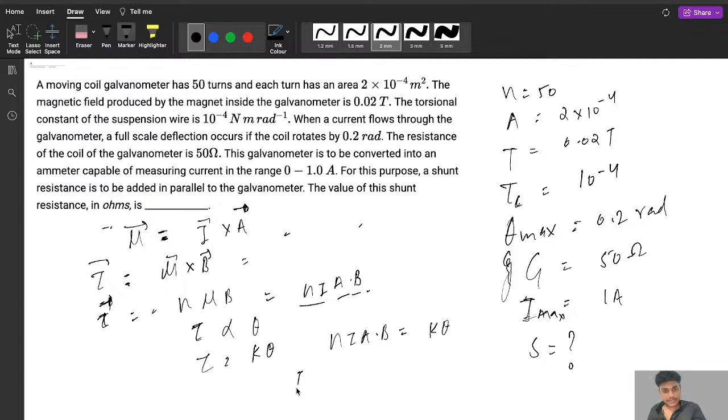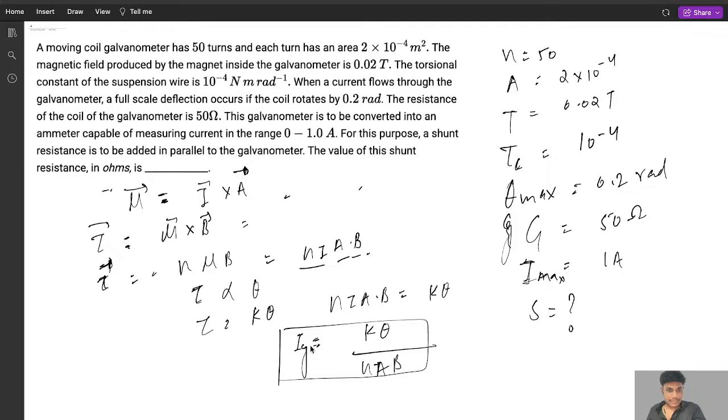From here we get I, that is the current through the galvanometer, is equal to K theta upon N A B. Do you understand this? How we find this thing?